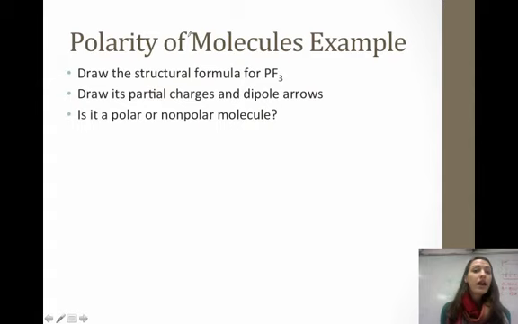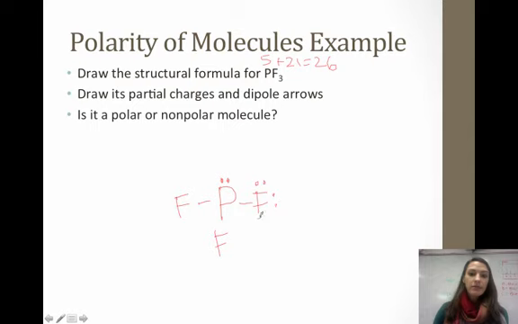PF3. I'm going to start by drawing my phosphorus, and then I've got my structural formula. I know I've got 5 here plus 21 here, so I have to have 26 electrons. I plant them all around.